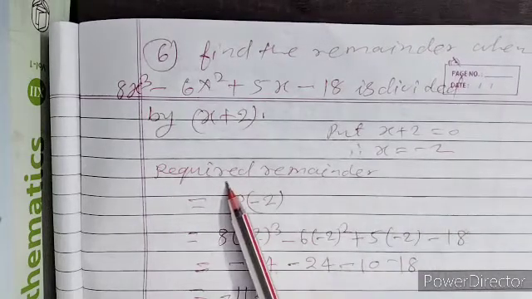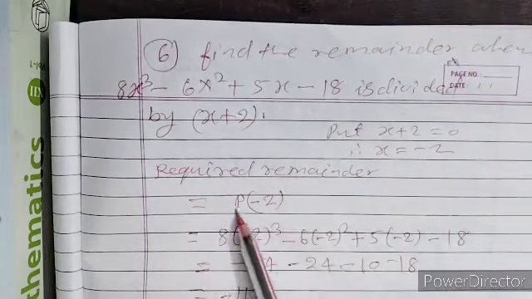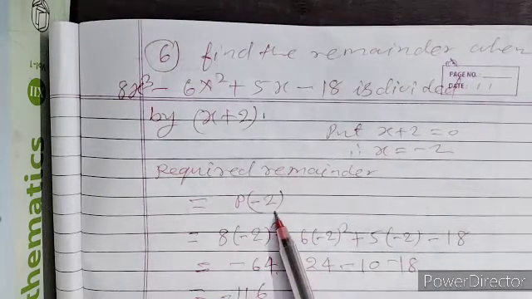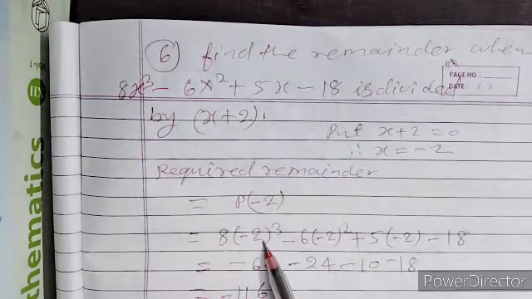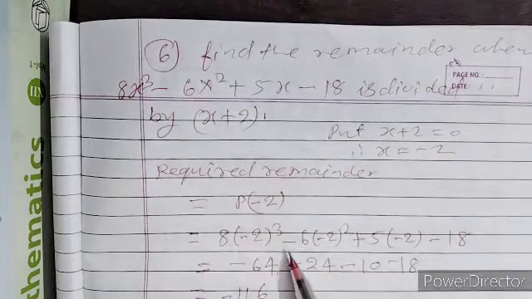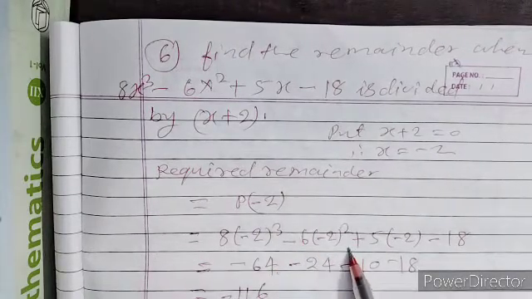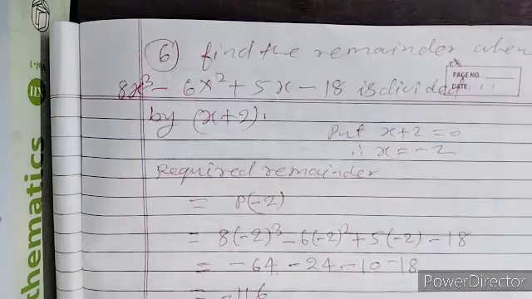Now the remainder when the given polynomial is divided by x plus 2 is equal to P(-2). If you say the polynomial is P(x), then the remainder is P(-2). That is 8x cube, so 8 into (-2) cube, minus 6x square, so minus 6 into (-2) square, plus 5x, then 5 into minus 2, and minus 18.